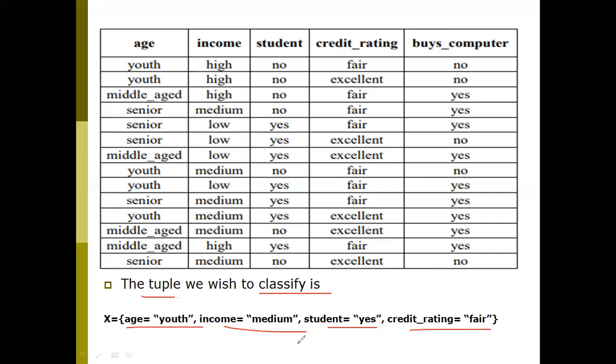Now we are going to find out the probability for this given tuple X by using naive Bayes classification, right?